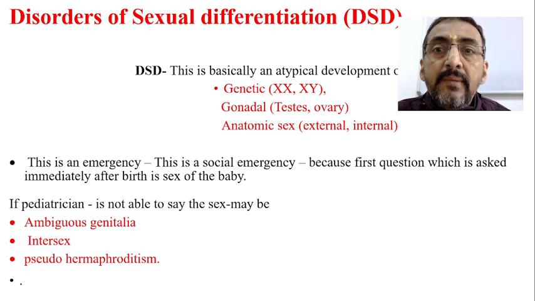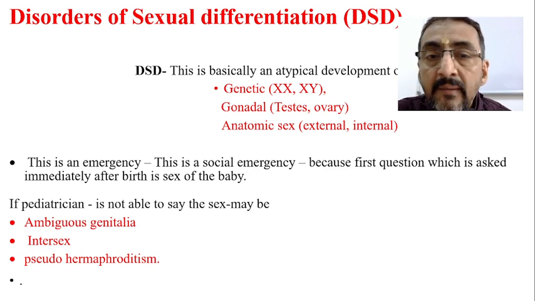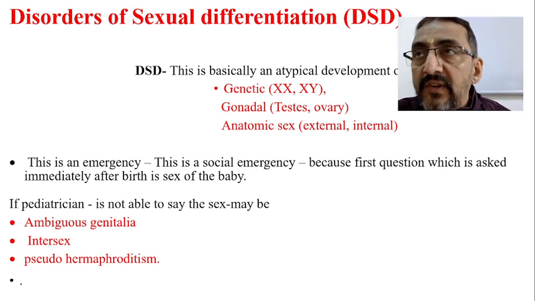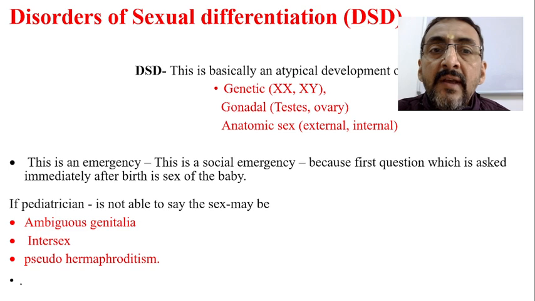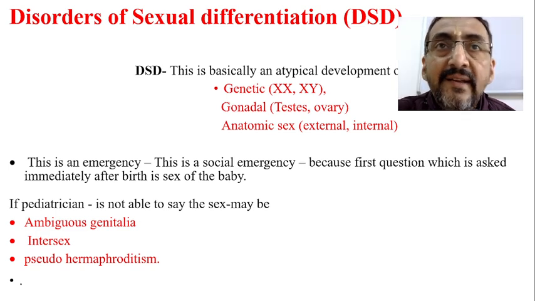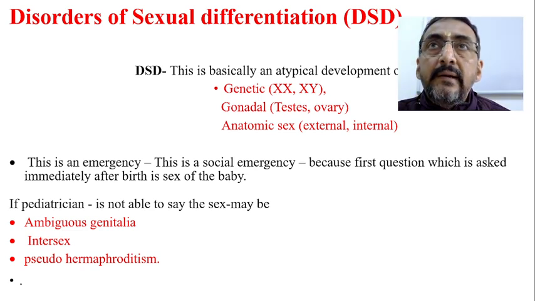So what do we actually mean by disorders of sexual differentiation? It contains three important things. Number one, there is atypical development of genetics related to sex chromosomes XX and XY. That means XX and XY are not properly developed, or their distribution is disturbed.